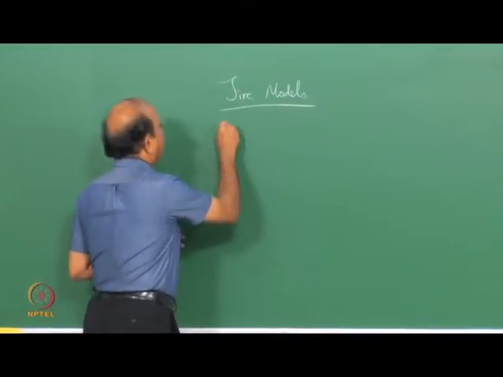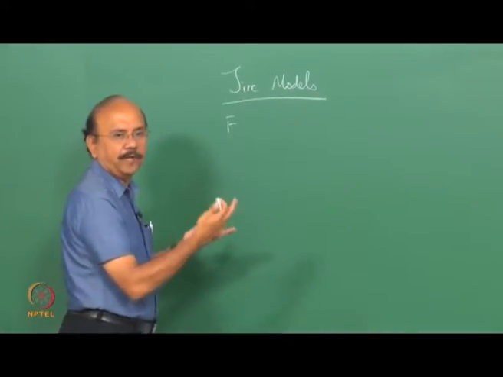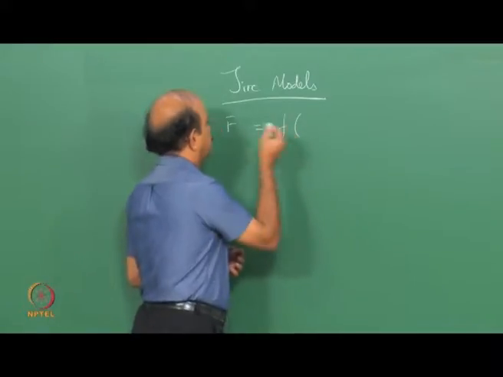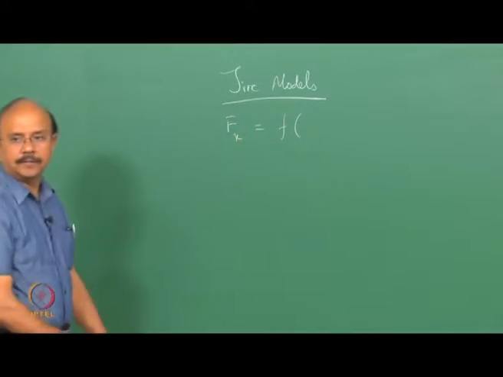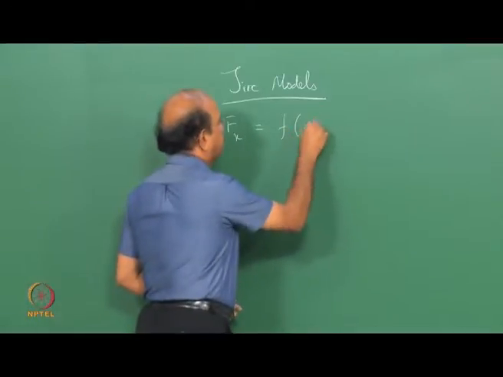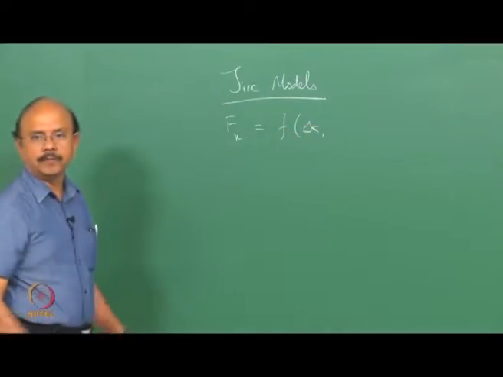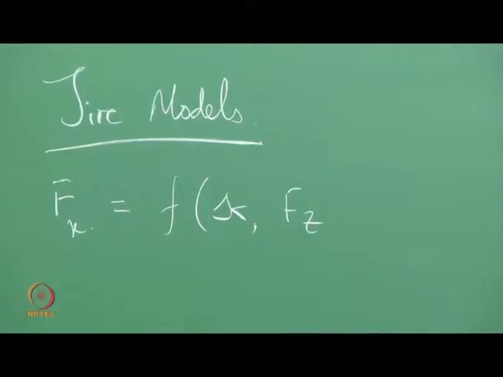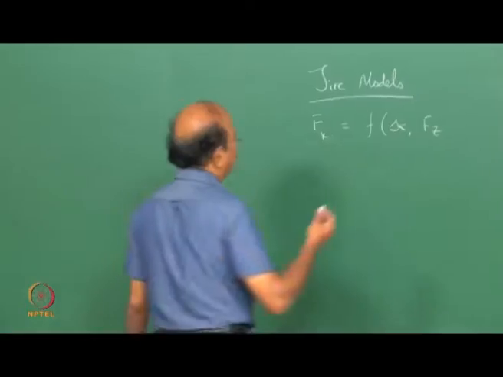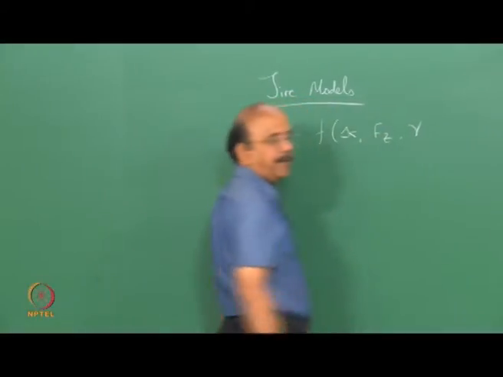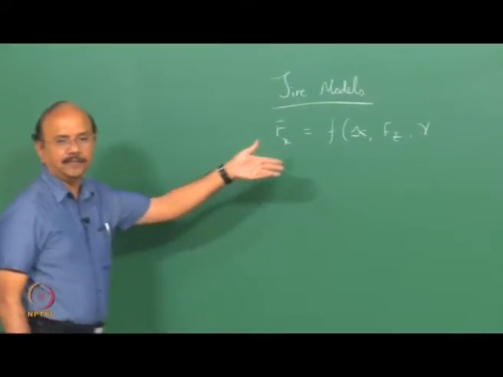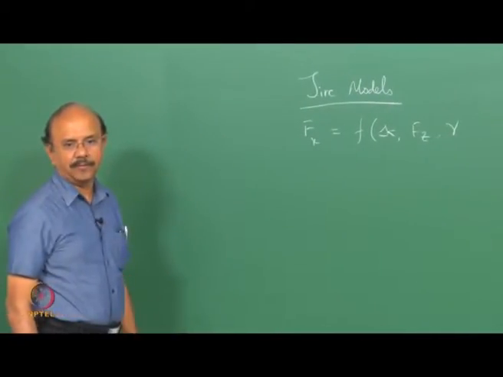For example, if I write F, it can be Fx, Fy, Fz, whatever it is, as a function of, let's say that it's longitudinal force Fx as a function of kappa or sigma, my slip, then it can be the normal force Fz, which is acting, right? So that, camber angle, if it has an effect, for example, in Fy it has an effect. So if it's Fy, camber angle will have an effect, and so on.